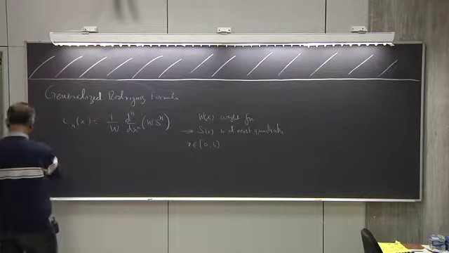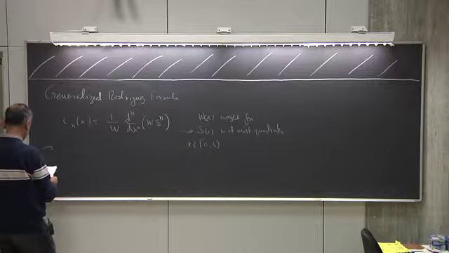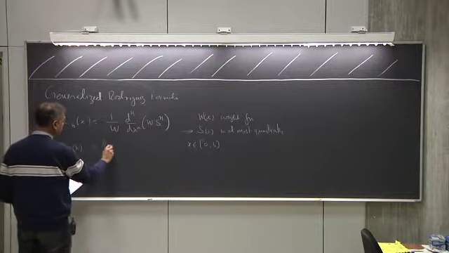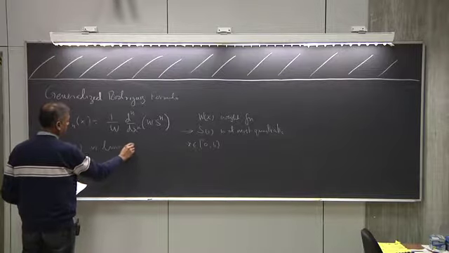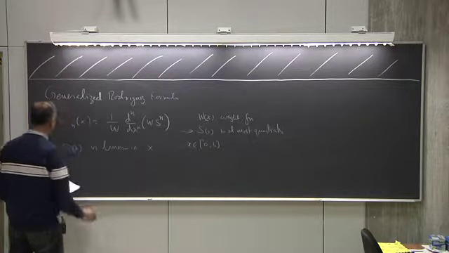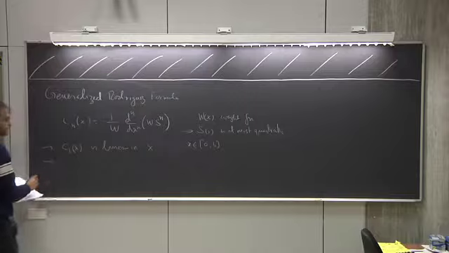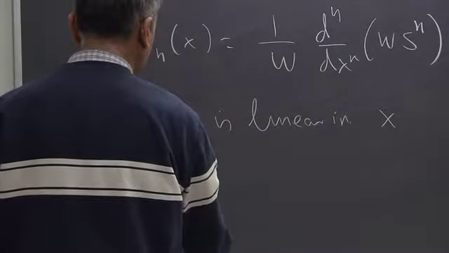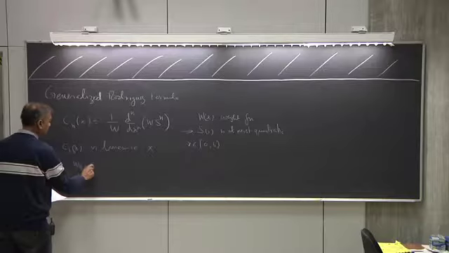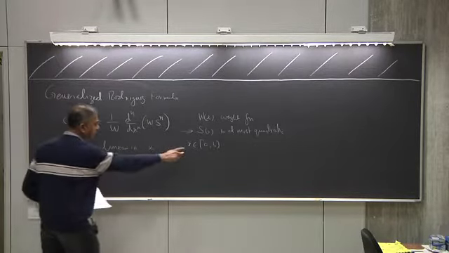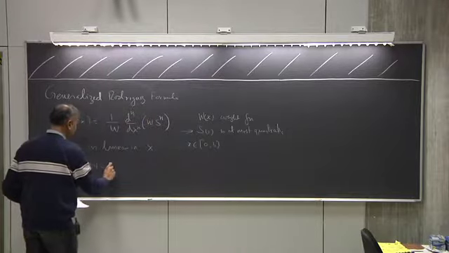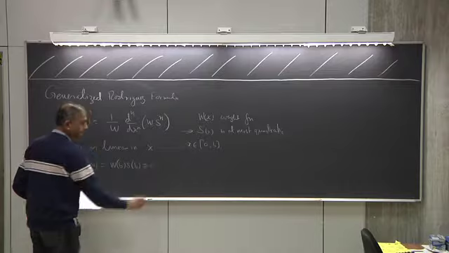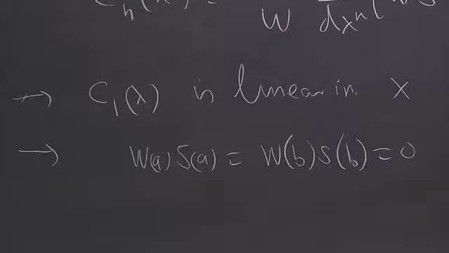The second condition was that C1 of x is linear in x, this is crucial. And the third condition was the boundary condition, which was a statement that w times s evaluated at the boundary of the interval is 0. Okay, these are the three conditions.